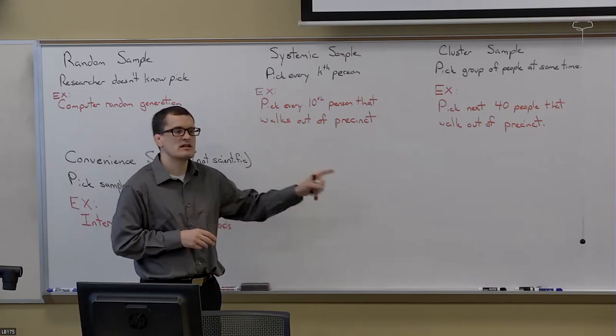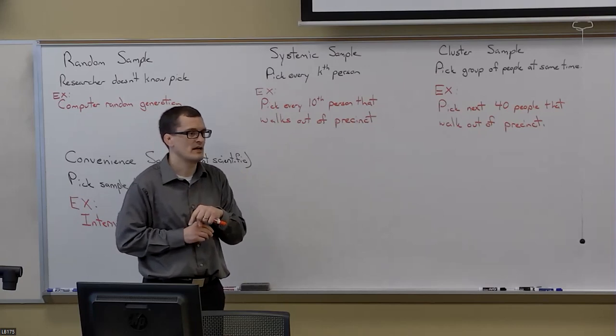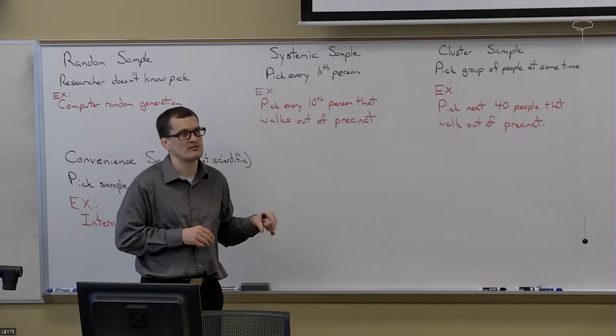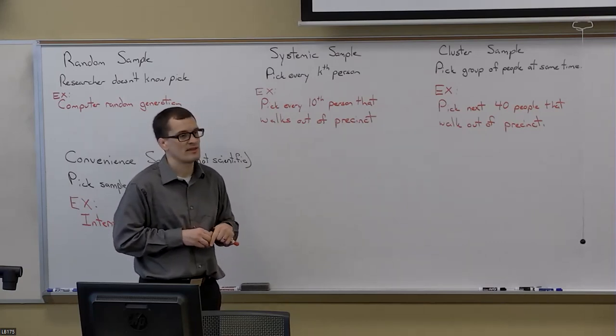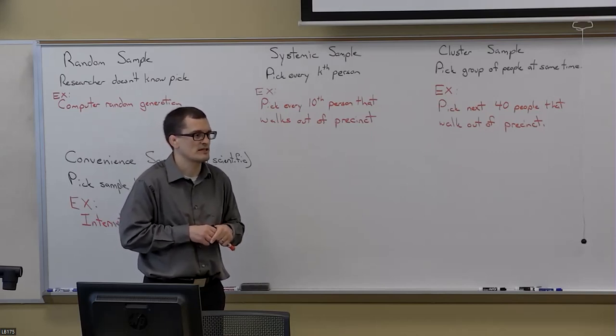So if I took a cluster sample right now of people at Meijer, and then I took a cluster sample of people Friday night at Meijer, they might have different responses. They might be two different groups on average demographically.